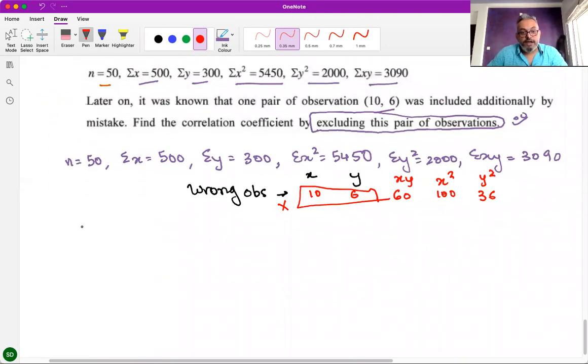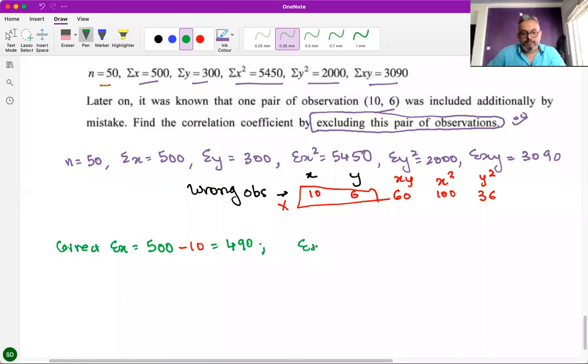So first, let's find out correct sigma x. So correct sigma x is equal to 500 minus 10, which is equal to 490.